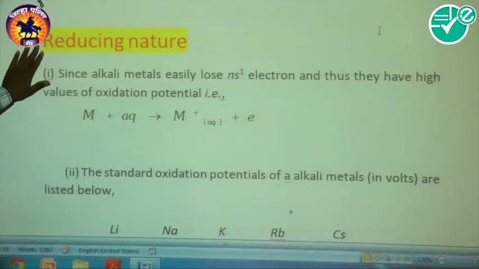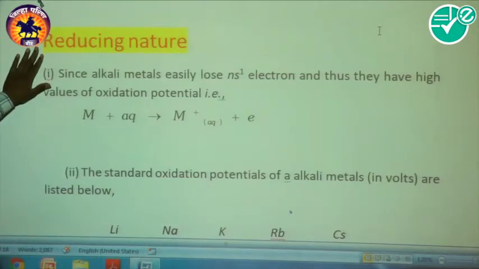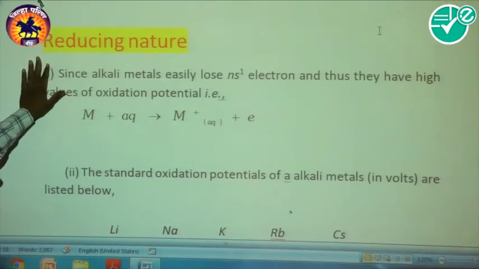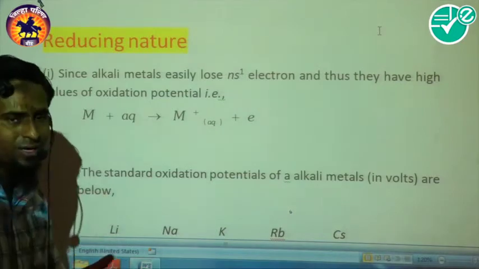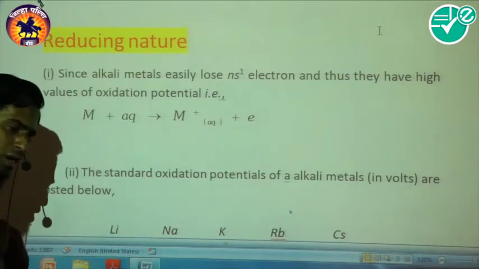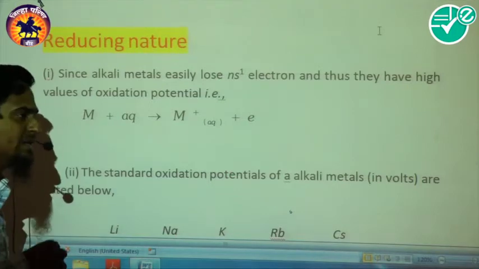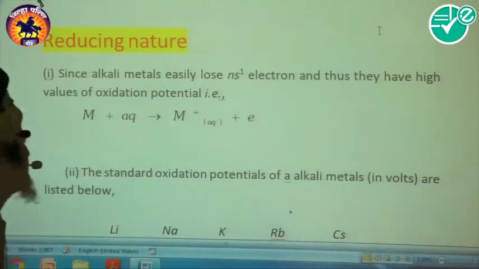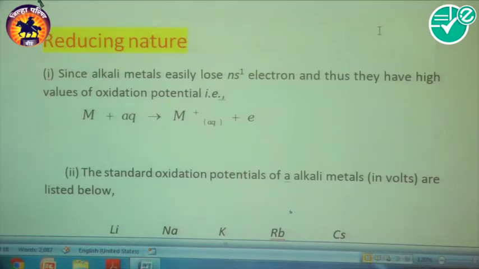Now come here today. The next property is reducing nature. What do you mean by reduction, sir? Reduction means to gain electrons, but reducing nature means you are yourself getting oxidized and giving electrons to someone. That is called reducing nature.